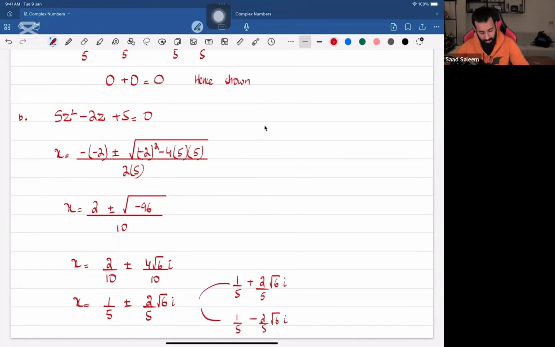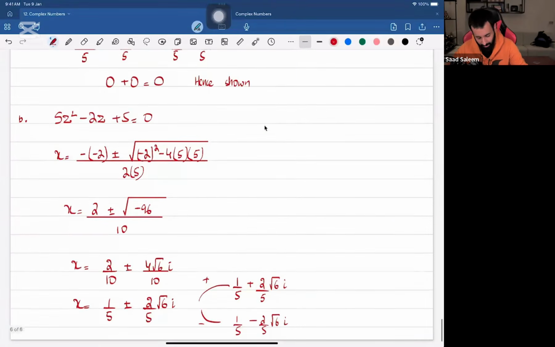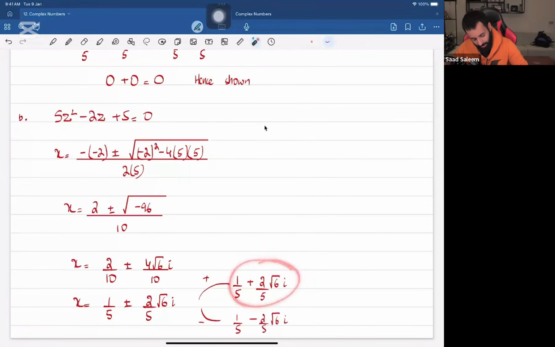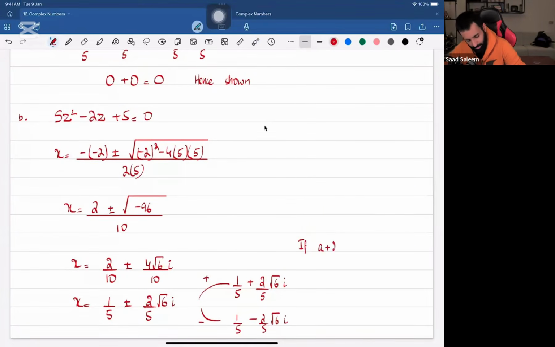Now the question is, do we have to do it this way? If we were given one root already, we can see that the only difference in the other root is the sign of the imaginary part. And that's the standard rule. The standard rule is that if a plus b iota is one root, then the other possible root must be a minus b iota.